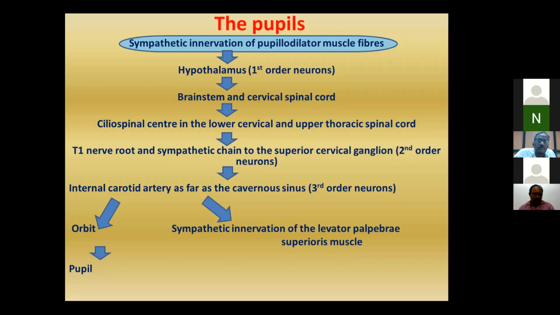Sympathetic innervation of the pupil goes through the hypothalamus, brainstem, then the ciliospinal center in the cervical and thoracic vertebral levels, the sympathetic chain, going along the internal carotid artery to the orbit and supplying the pupil and one muscle known as levator palpebrae superioris. This is roughly the sympathetic innervation of the eye muscles of the orbit, pupil and levator palpebrae superioris.